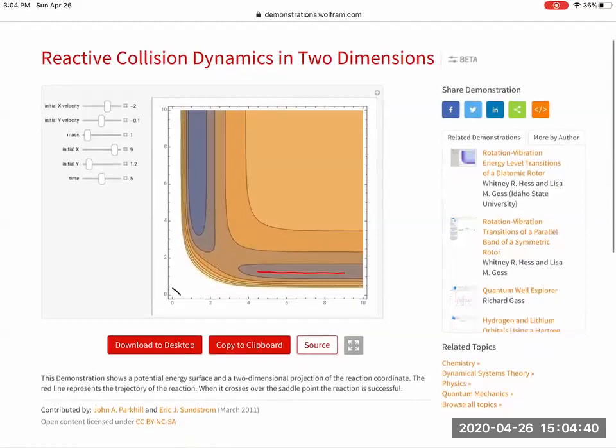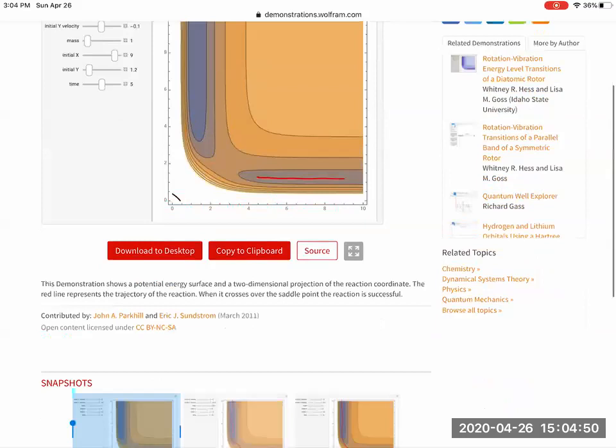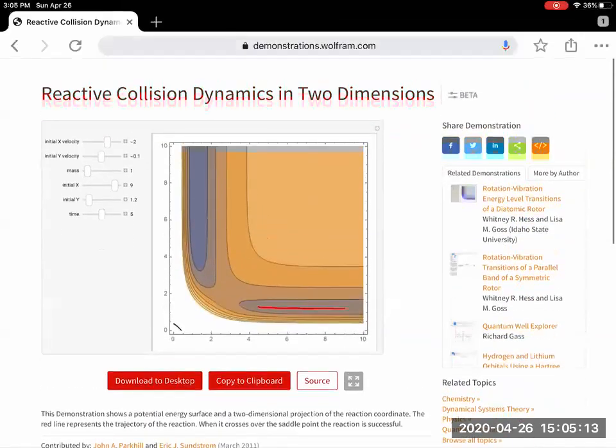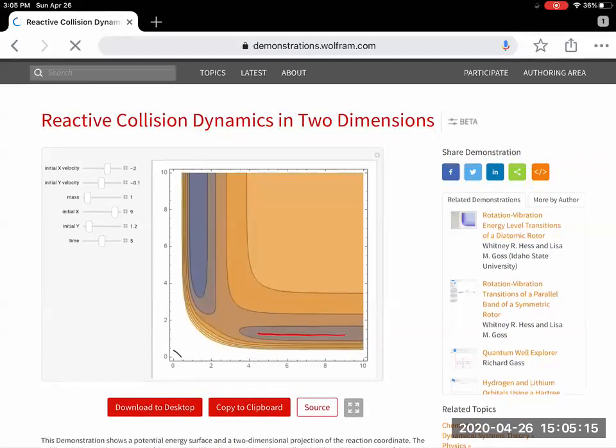So here's what this would look like. Here's our 2D potential plotted in a contour plot. And by giving the initial position and velocity of some particle, say changing it to have a larger initial velocity or a smaller initial velocity in different directions, this little Mathematica notebook will compute what that trajectory would look like.